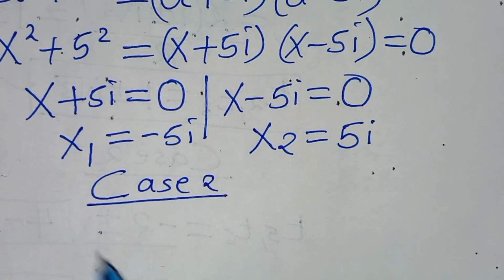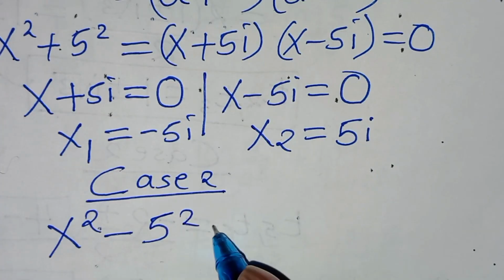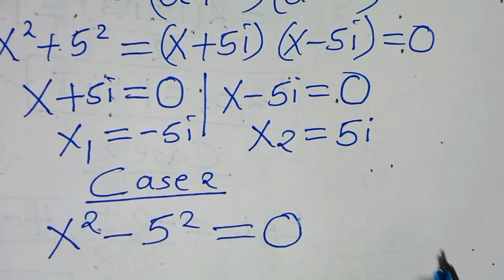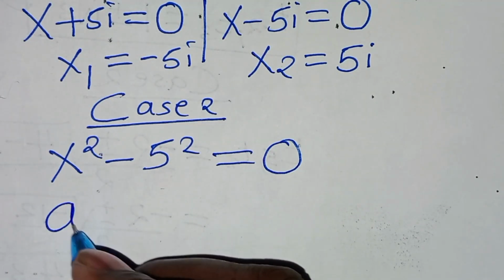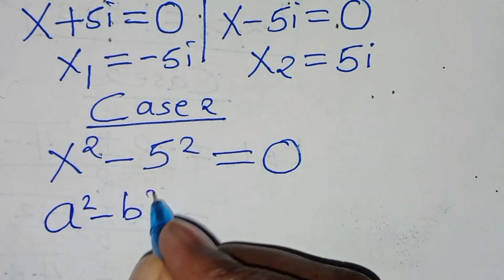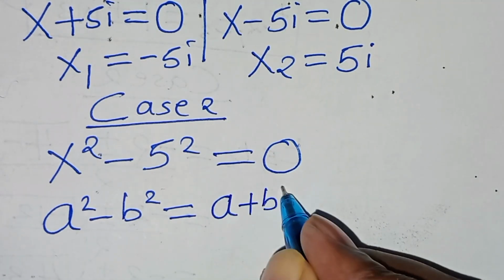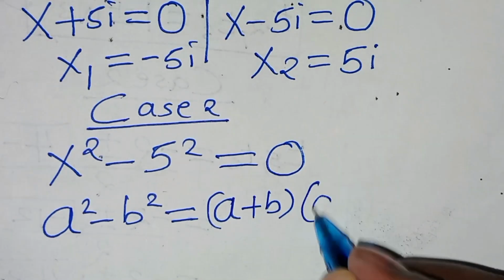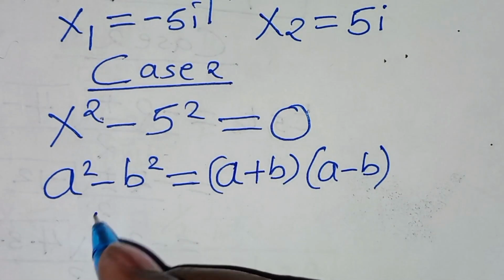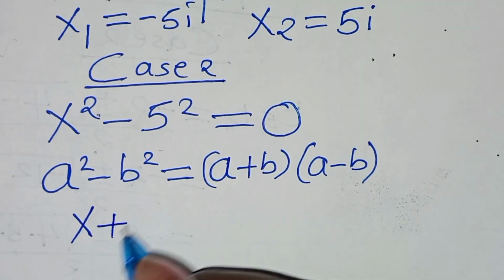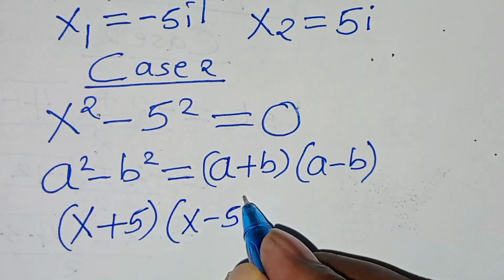In case 2, we have x to the power 2, subtract 5 to the power 2. This is equal to 0. Now, this equation is in the form of a squared minus b squared, which we can express as a plus b, a minus b. So this implies here we have x plus 5, and here we have x minus 5.